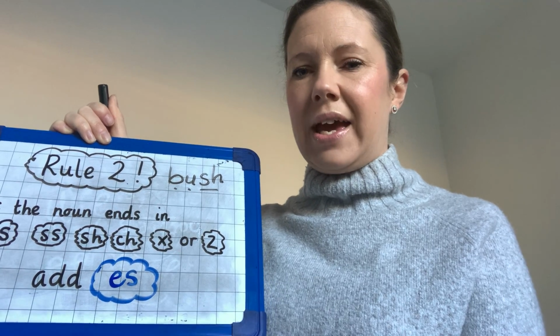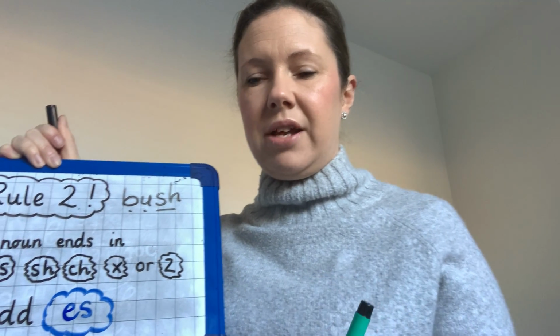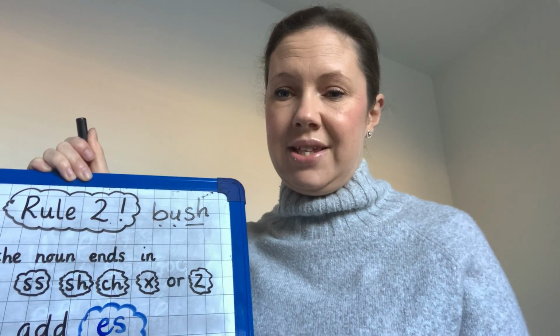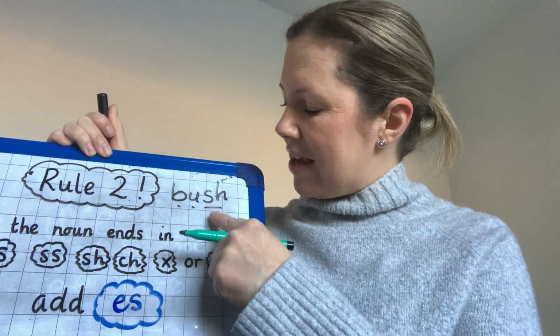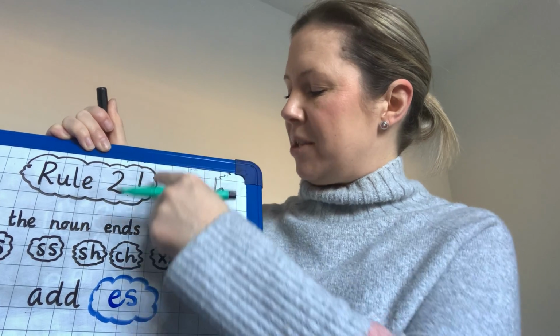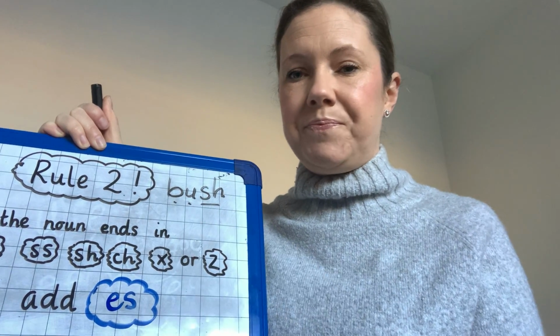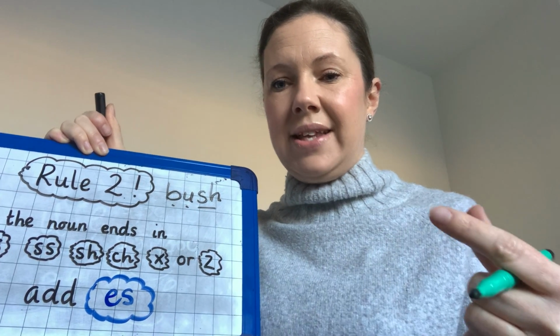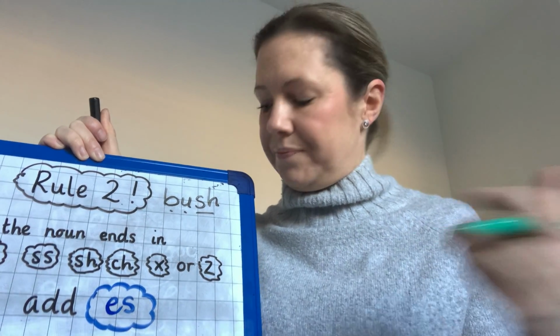Bush. Okay, so in my garden, I don't just have one bush, I have many bushes. Let's have a look at the sound on this word. Now, this part of the word is called the root word. It's the smallest part of the word, and then we're going to add on to it to make it different.